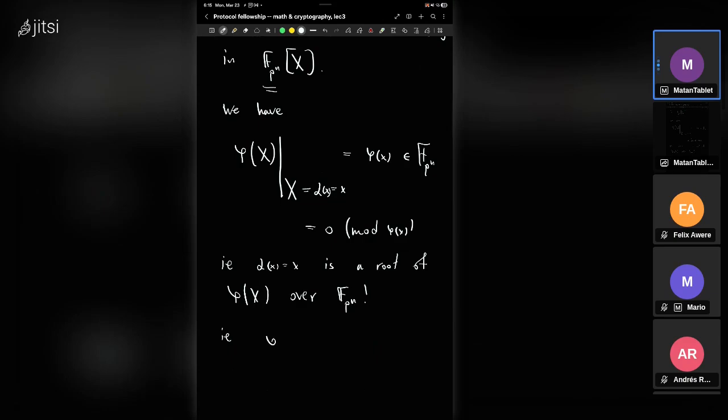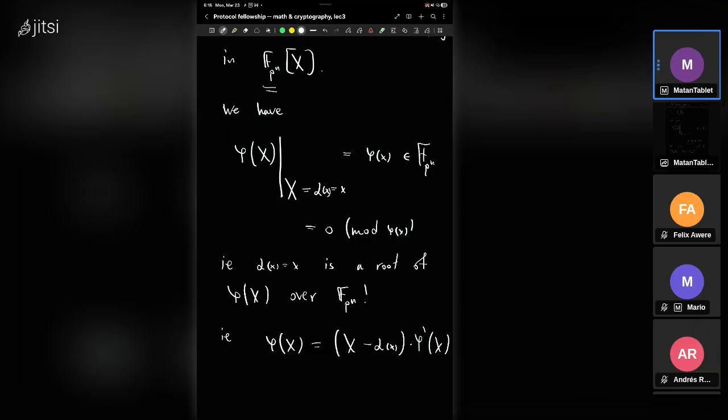This means that I can write phi of x equals x minus the root times some other polynomial, let's say phi prime of big X.